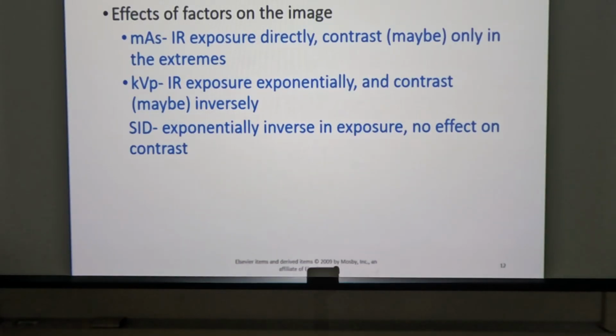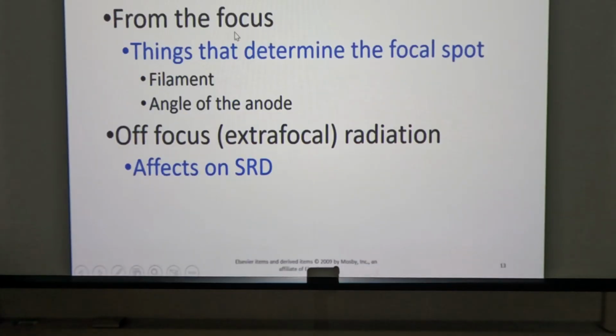You increase your kVp by 15%, and your image receptor exposure goes up by 100%. So SID is also exponential, but it's an inverse relationship. You double your distance and your image receptor exposure goes down by a factor of 4. So of all those factors, kVp is the most significant, SID is second, mAs is a distant third.